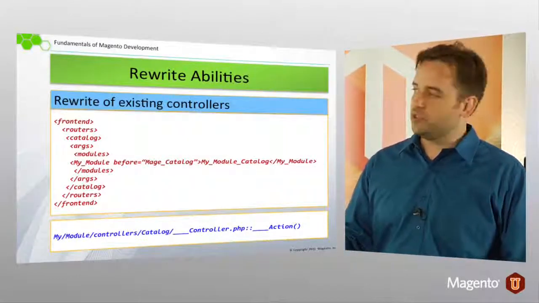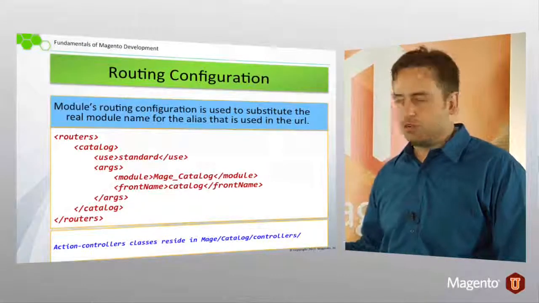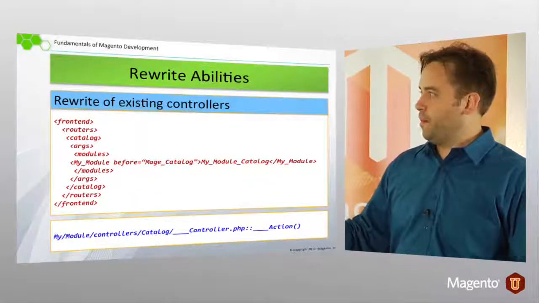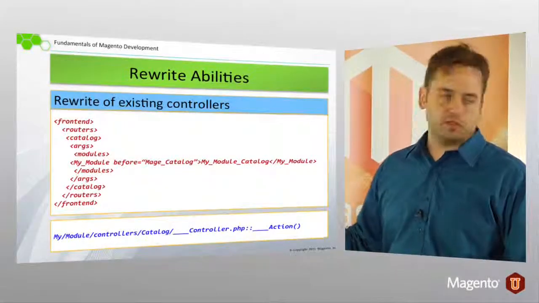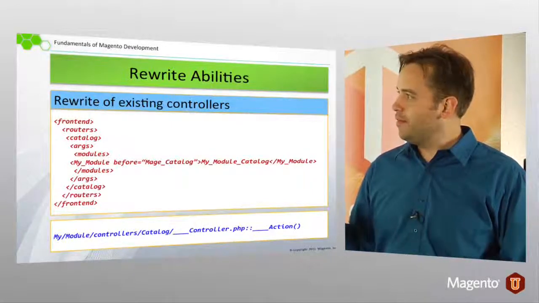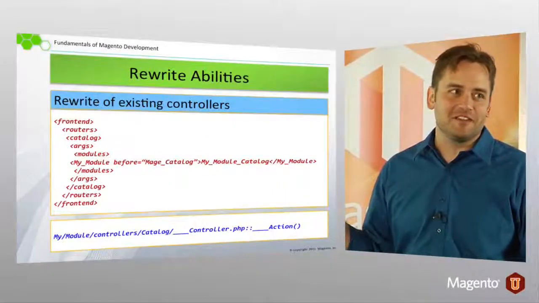And if we do have a modules node, before Magento goes to look in Mage catalog, little c controllers, Magento will look in my module catalog, little c controllers. Pretty cool. This is much easier than the ways that we had to do it in the past.